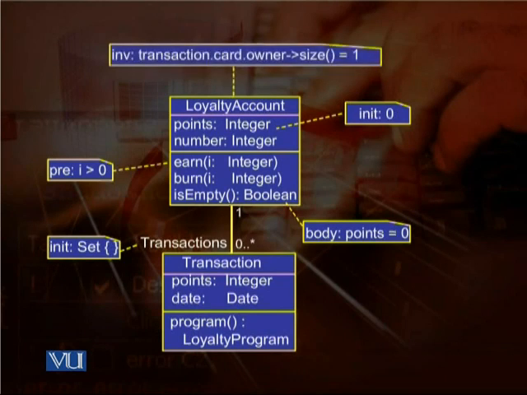And finally, we have associated a constraint with this class loyalty account, and we say that this is an invariant condition. Forget about the syntax for the time being, but what we are essentially saying is that transaction.card.owner size is equal to 1.